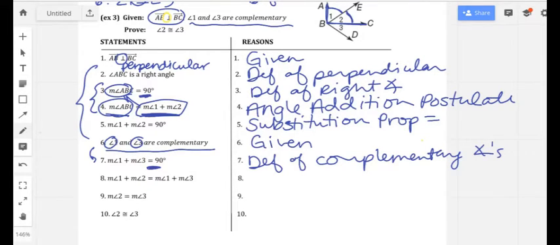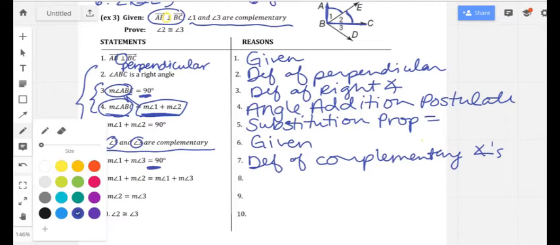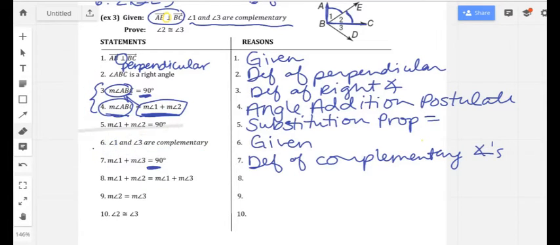Okay, I'm going to erase some of this writing up here so we can finish the rest. Okay, number 8 says the measure of angle 1 plus the measure of angle 2 equals the measure of angle 1 plus the measure of angle 3. So again, if you're not sure where this came from, you want to look up above and look for where do I see 1 plus 2?